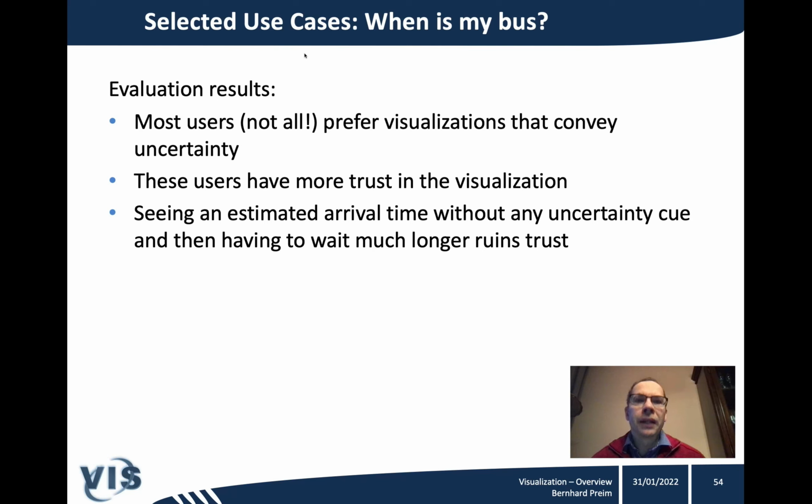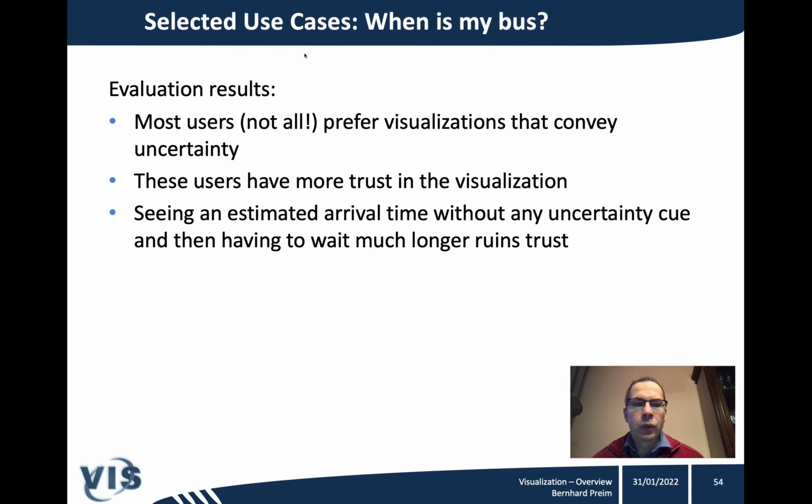Give me the best possible estimate that you can make, and then I'm fine with this. There was an interesting correlation saying that users that prefer uncertainty visualization and used one of the techniques shown before have more trust in the visualization, and with this also in the underlying system.